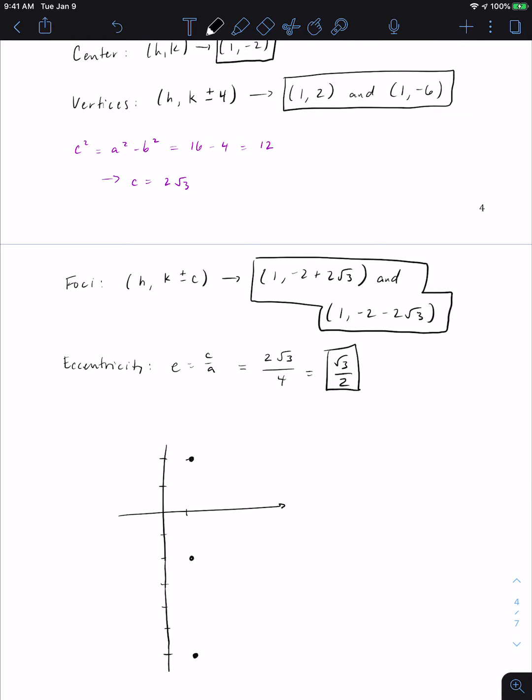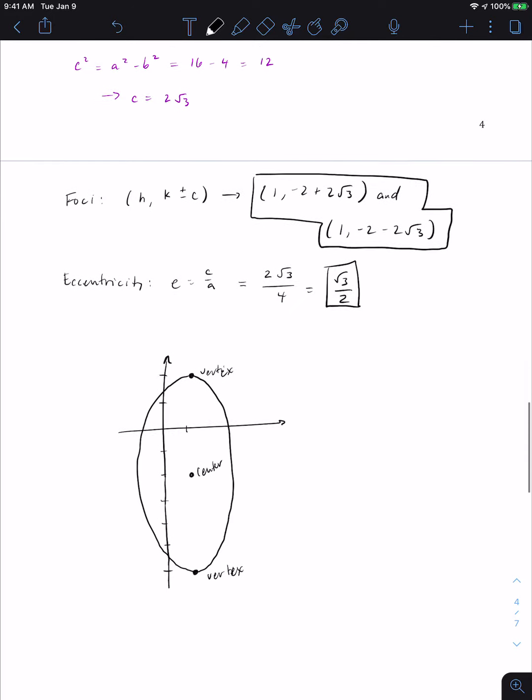Again, this is a rough sketch because we didn't do any work to figure out how wide this is, but this is kind of what my ellipse would look like. These are my vertices, and this is a vertex, and this is my center. Just a rough sketch of what that would look like.